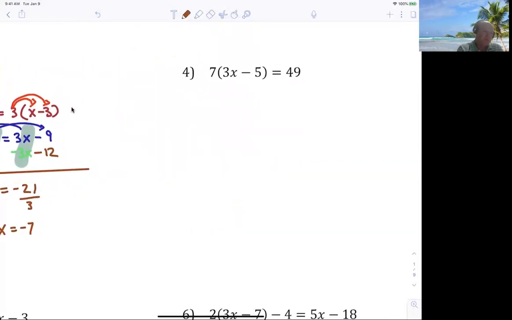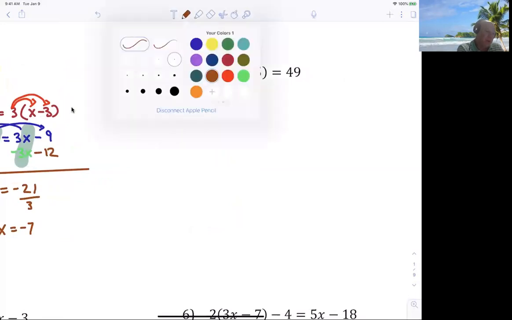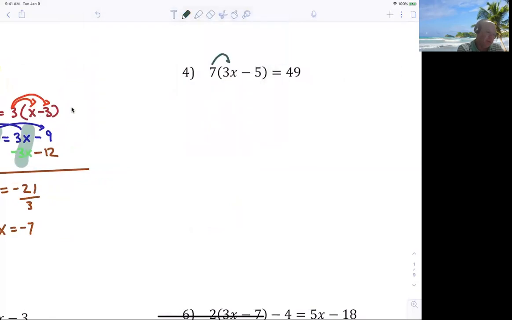Number 4. Now, let's just go ahead and distribute here also. 7 times 3x, 21x. 7 times -5, -35 equals 49.